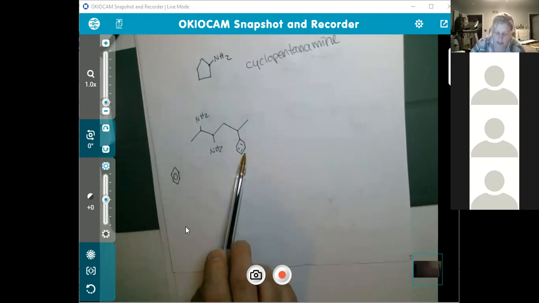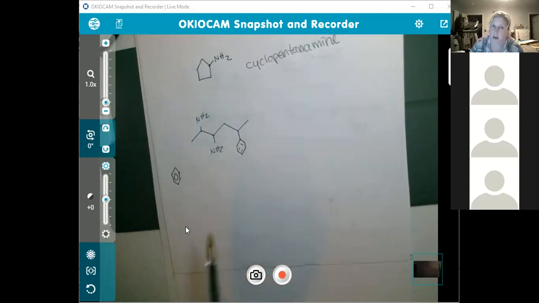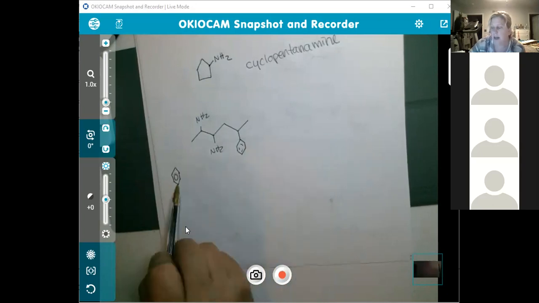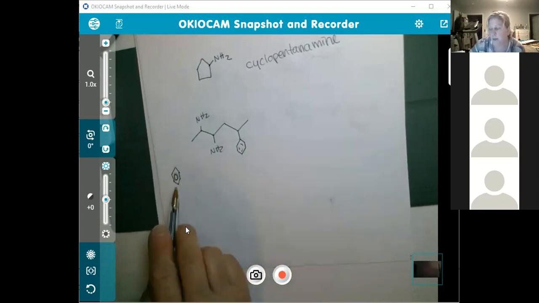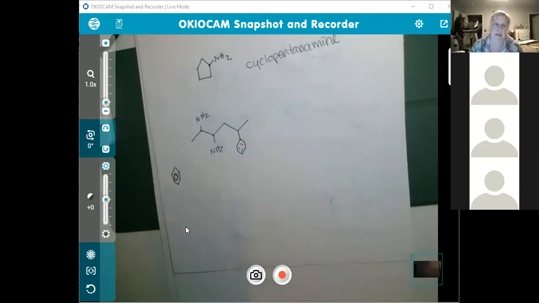What is this as a side group? Phenol. So you're used to looking at it as a phenol or a benzene. Your book and OWL may draw it either way. I don't care either way. It's the same thing, those are identical.